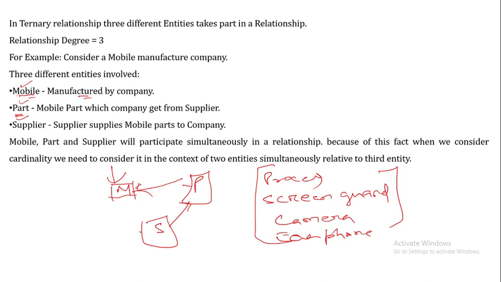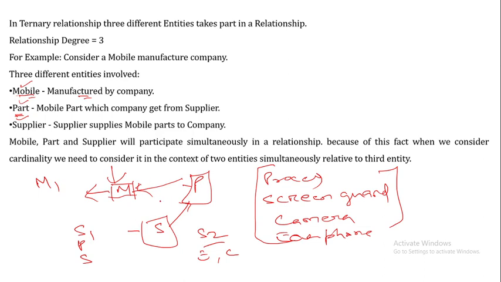A supplier S1 may be supplying processor and screen guard. Supplier S2 may supply earphone and camera. So there are different suppliers, but they are going to supply for a particular mobile. Let's say for mobile M1, whatever things are required are supplied by these suppliers.